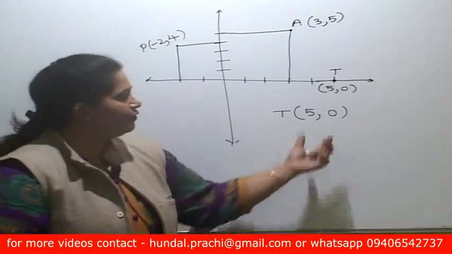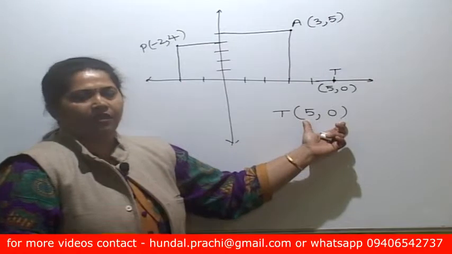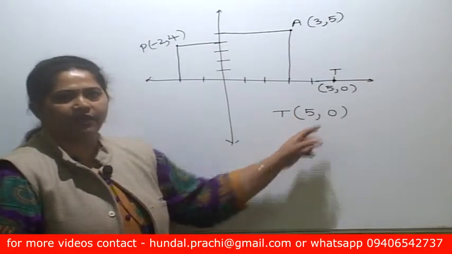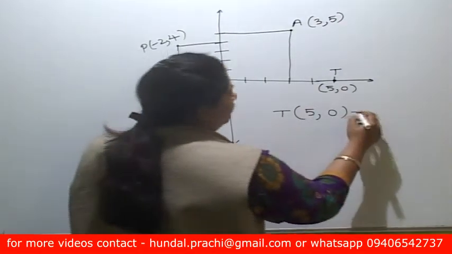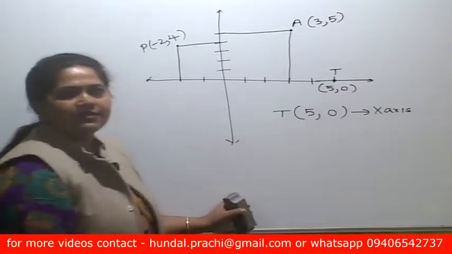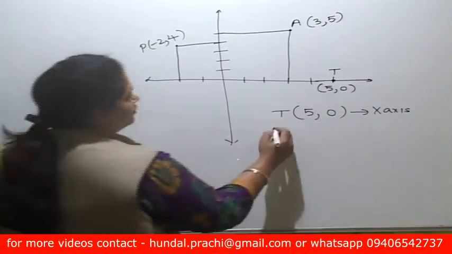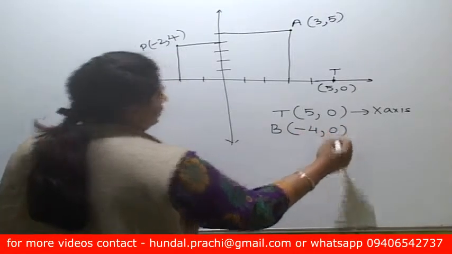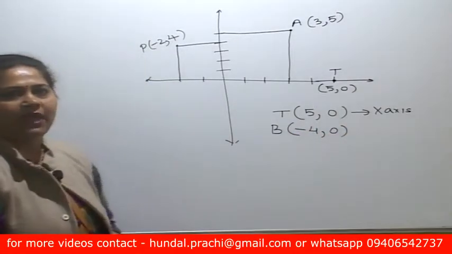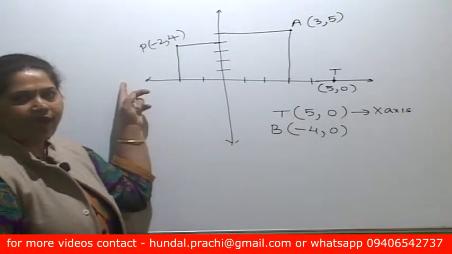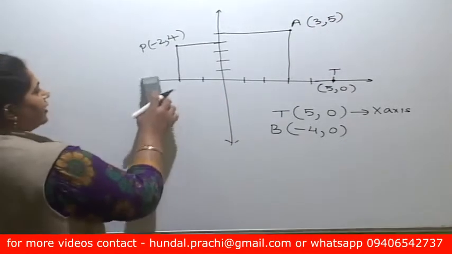I want to tell you one thing from this example, that a point whose y coordinate is 0, only the x coordinate is given, this point will always lie on the x axis. Let us take another example. Suppose we are taking point B whose coordinates are -4 and 0. Now x is -4, that is, the point is 4 units away from the y axis in the negative direction.